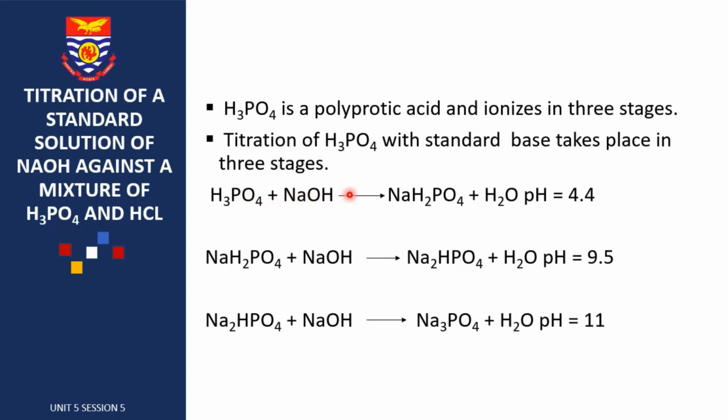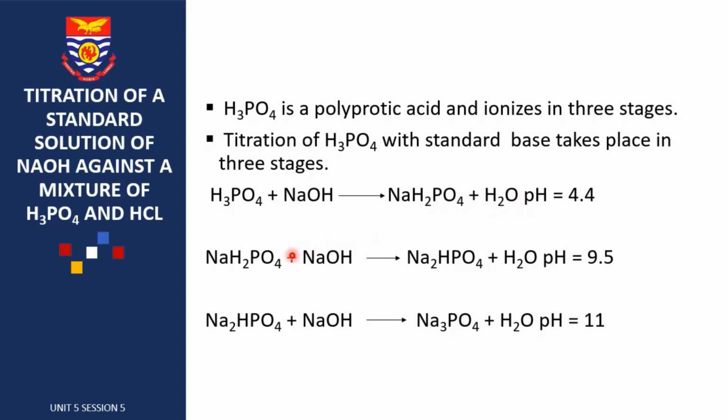The first stage is when one of the replaceable hydrogen ions is replaced, and so we have the sodium here, which has come to replace one of the 3 hydrogen ions here. And so we have NaH2PO4.